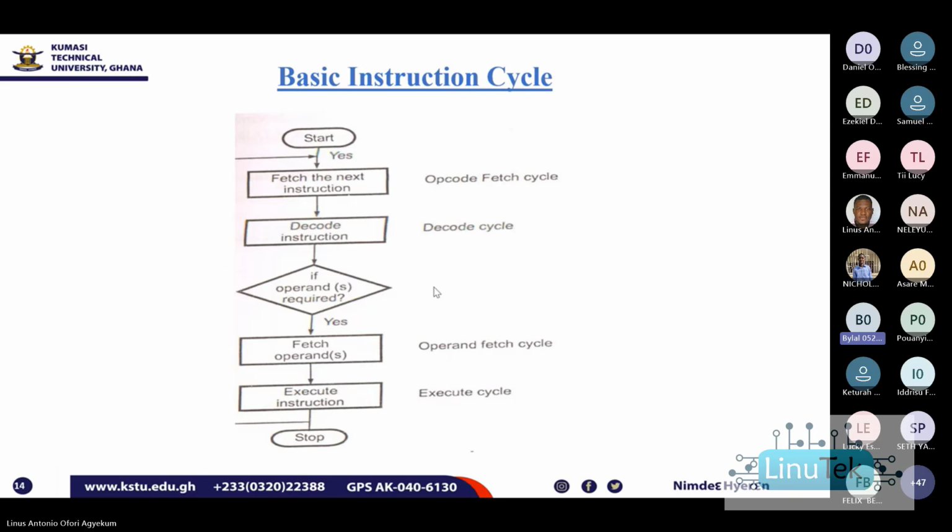This last part, I didn't really understand. That's the reason why I couldn't even ask a question. Which last part? The basic instruction cycle. Okay, so do you remember in our previous lecture, we talked about the fact that there is a connection between the processor and the memory?